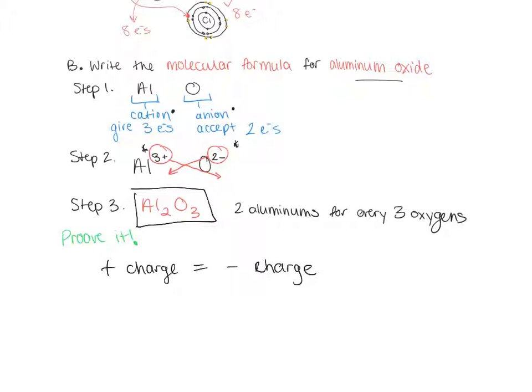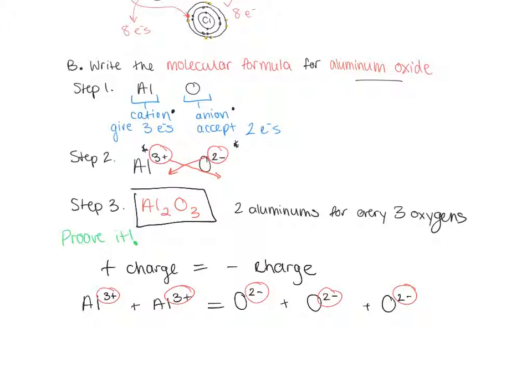But if we want to prove that, then we can say, okay, this tells us there are 2 aluminums in this compound, and aluminum has a charge of 3+, so compare that to 3 oxygens, and each oxygen has a charge of -2. So we're comparing the charges here, right?